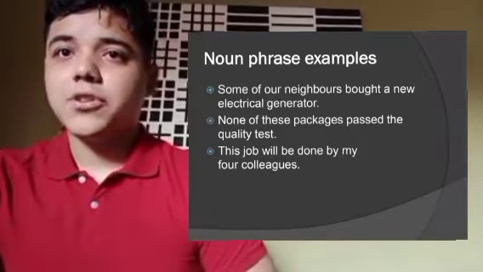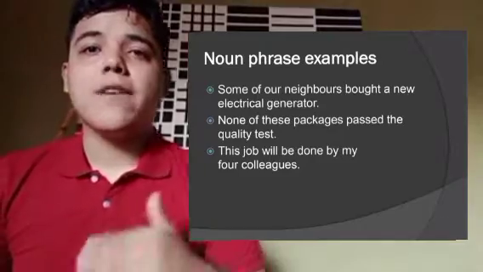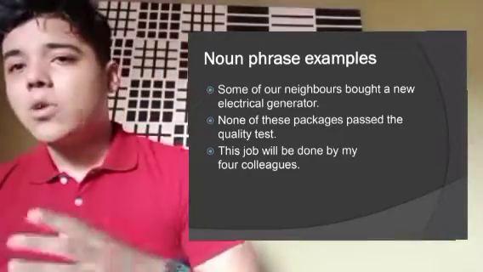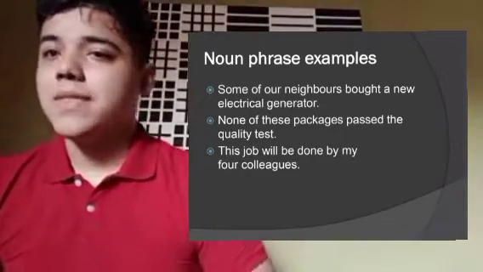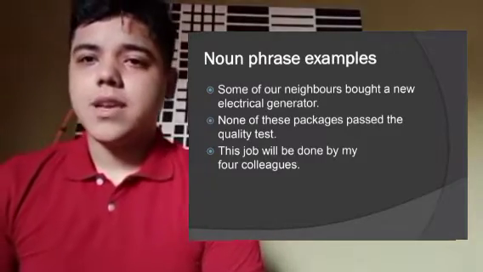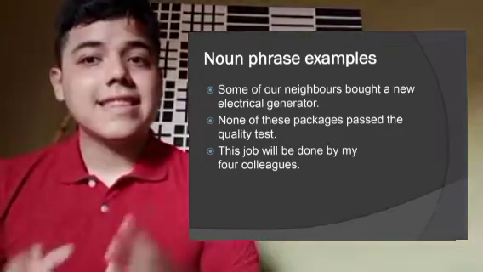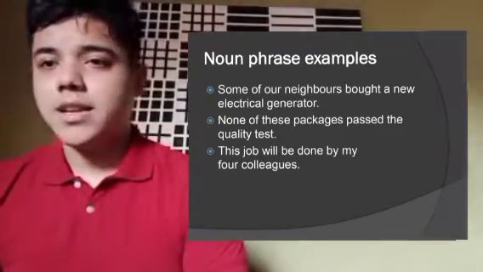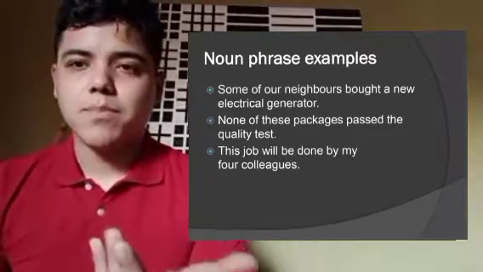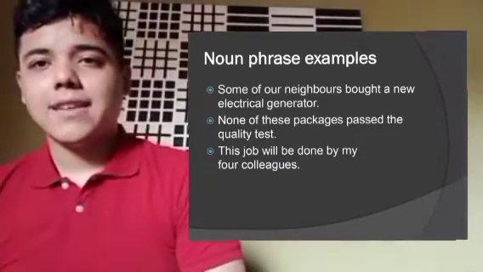So, in the third example, we have: this job will be done by my 4 colleagues. Our head is job, the thing we want, the thing we're gonna talk about. How is it gonna be done? That thing is gonna be done, as a modifier, by these 4 colleagues.